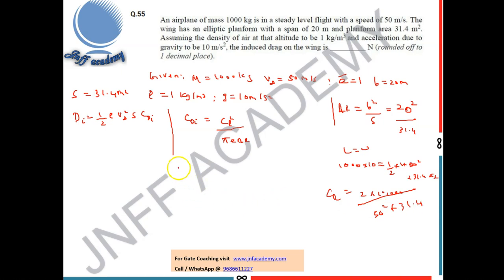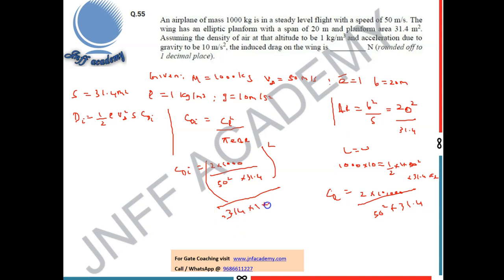Now you substitute the CL here. CDi is equal to 2 into 10,000 divided by 50 square into 31.4, and this is whole square, CL square, divided by pi e AR. Pi is 3.14.